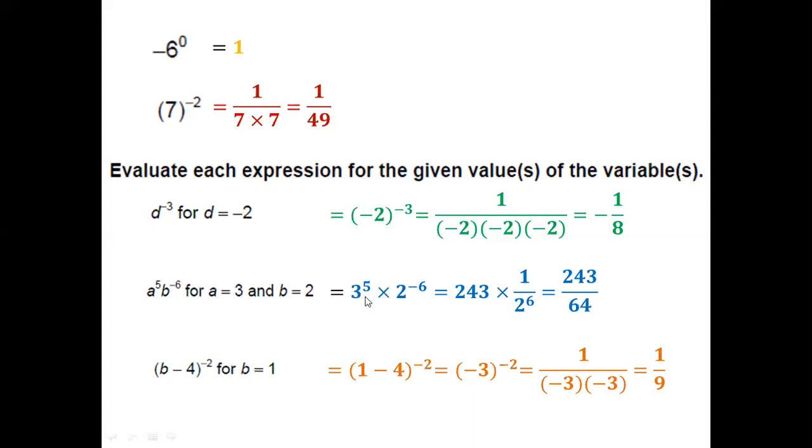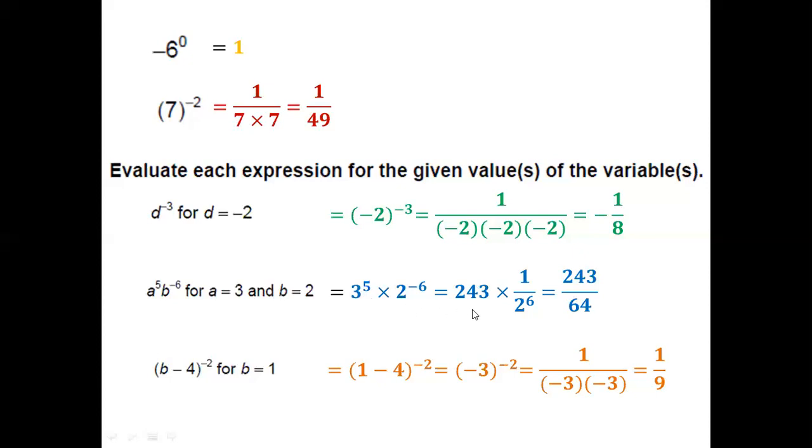You will multiply 3 five times. But this exponent is negative, so I'm only going to change this into a fraction. So when I write it as a fraction, I'll get 1 over 2 to the power of 6. Please keep in mind, don't ever change this to a fraction, because it is a positive exponent. A positive exponent cannot be written in fractional form. So you just solve them as you normally would.